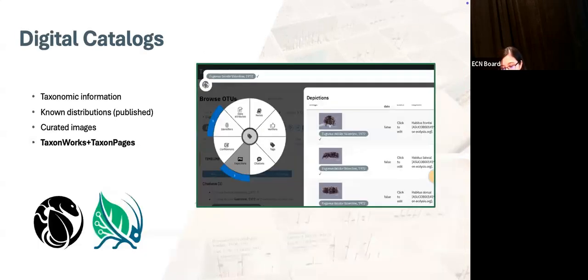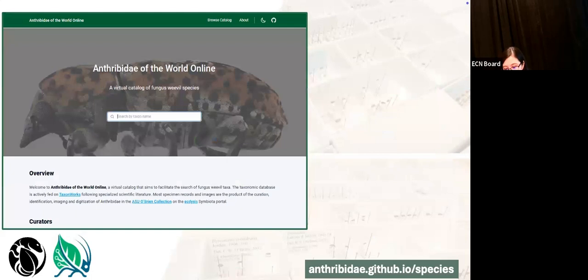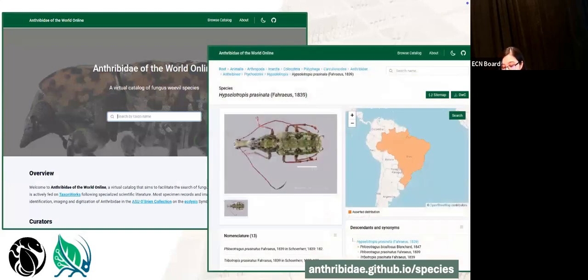But I also wanted to generate these catalogs that are more static with the information that is already published. So it could be already available for everyone as well. So I am also using TaxonWorks to manage the taxonomic information. I am also uploading the images that are already available in the Symbiota portals. But we have maps with the information that is already published.